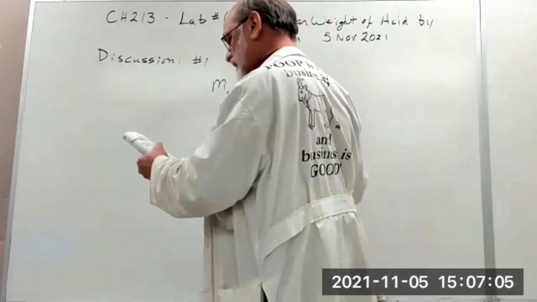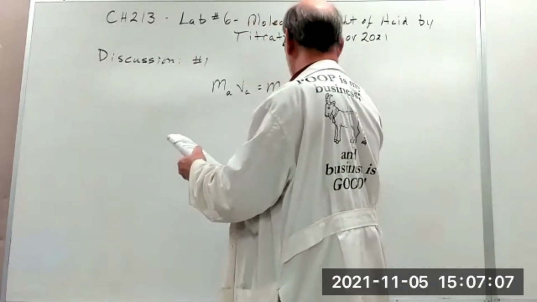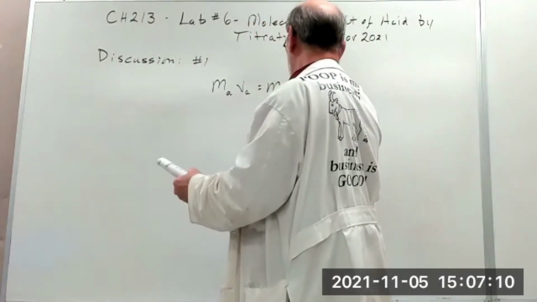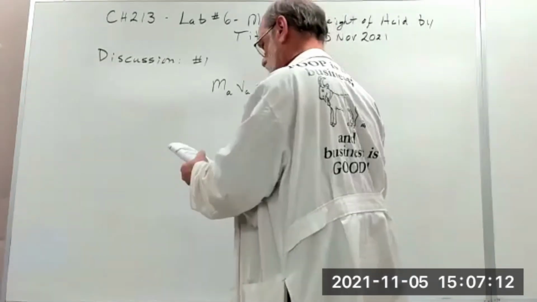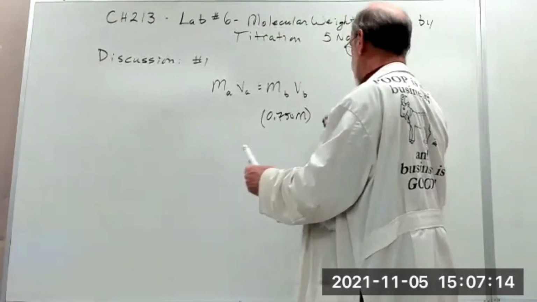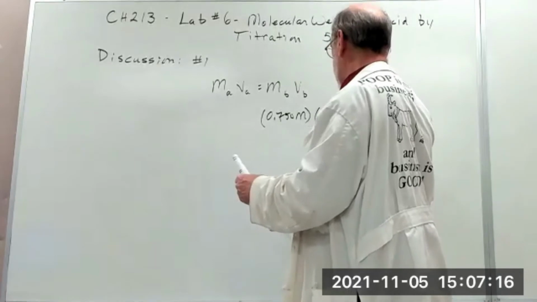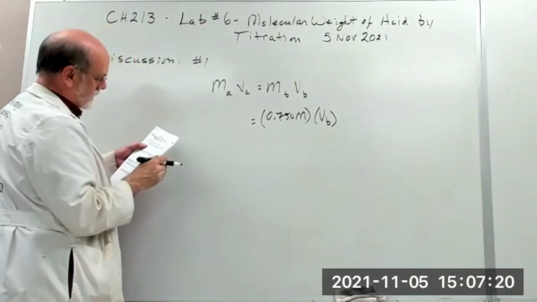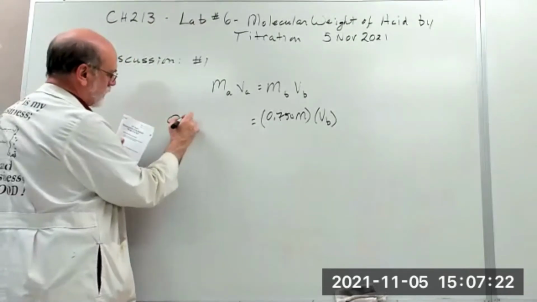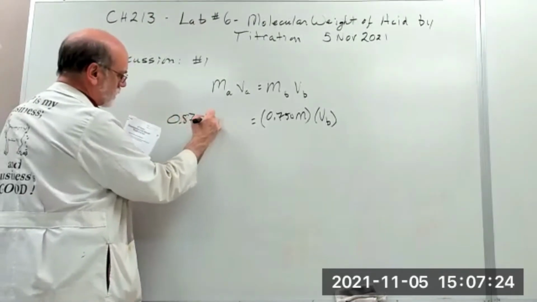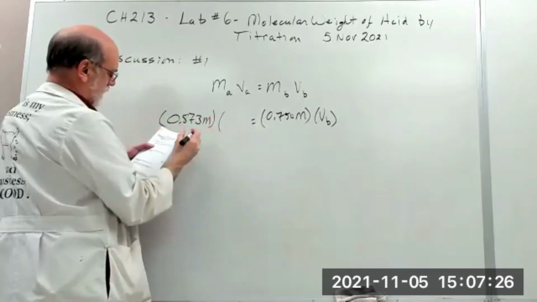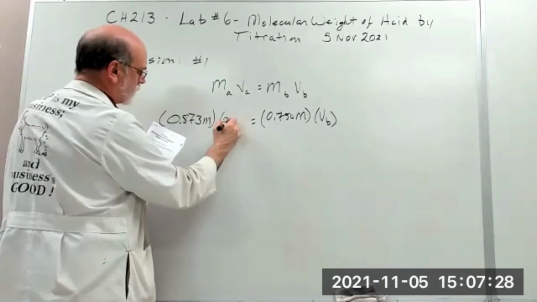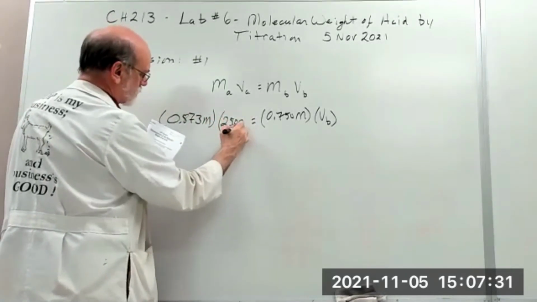The base is 0.750 molar. And it's saying calculate the volume of the base. So that one is unknown. And we're supposed to titrate against 0.873 molar acetic acid times its volume of 25 milliliters.